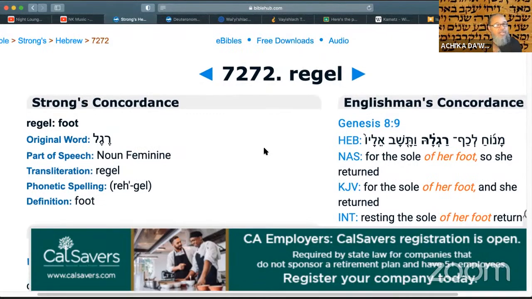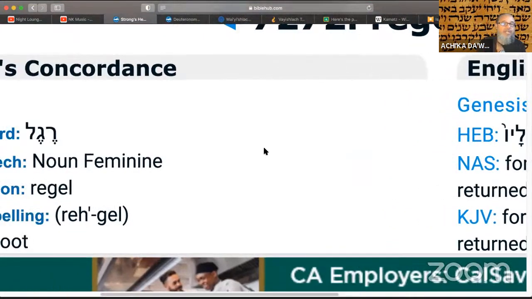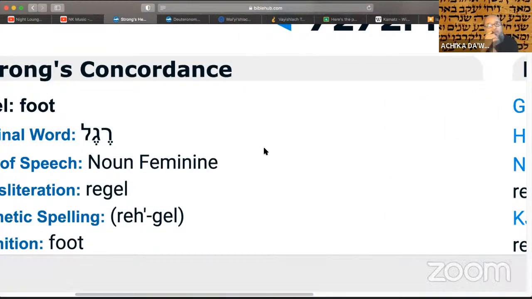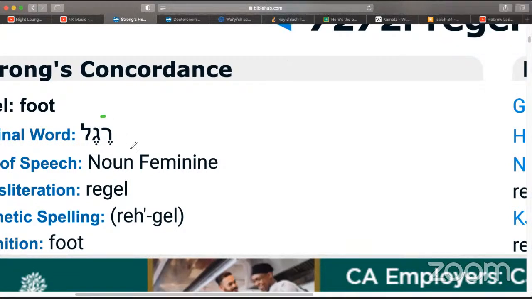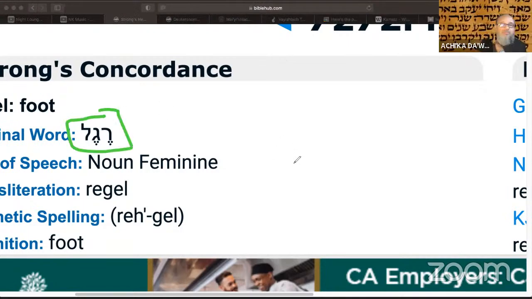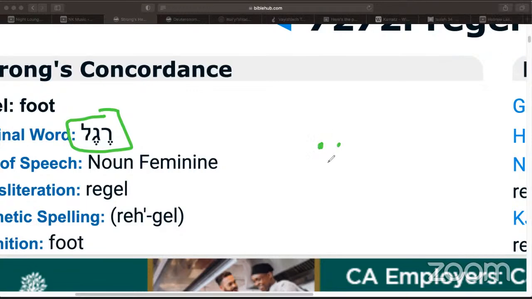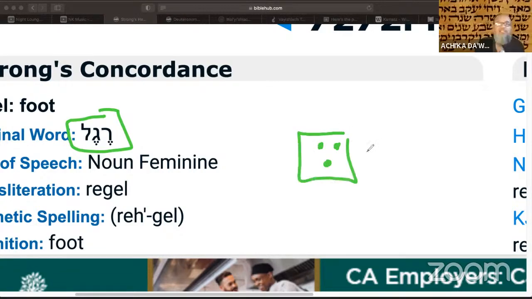Now, if you want to know what the vowels look like in this particular root right here, what are the vowels? Segol. Those three dots. That's an E. That's that eh.